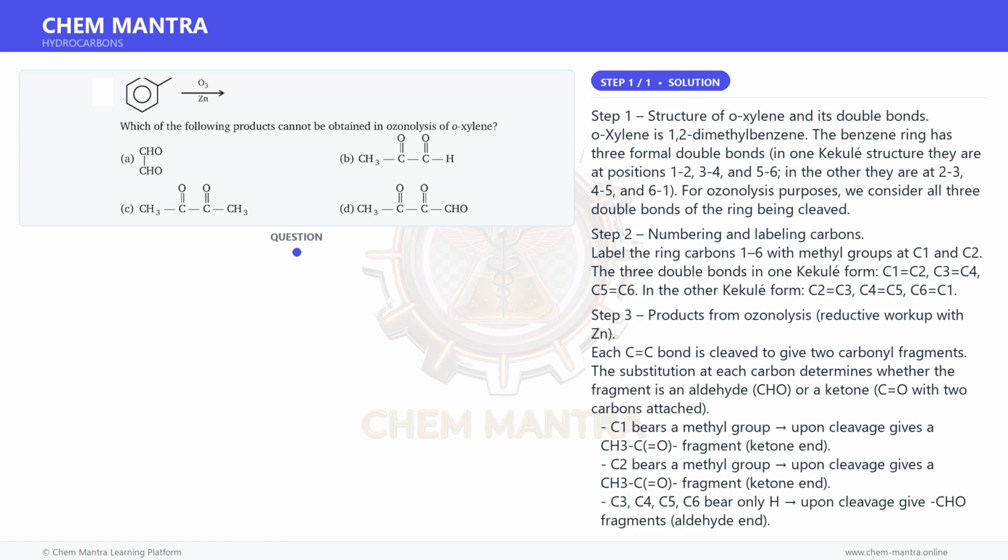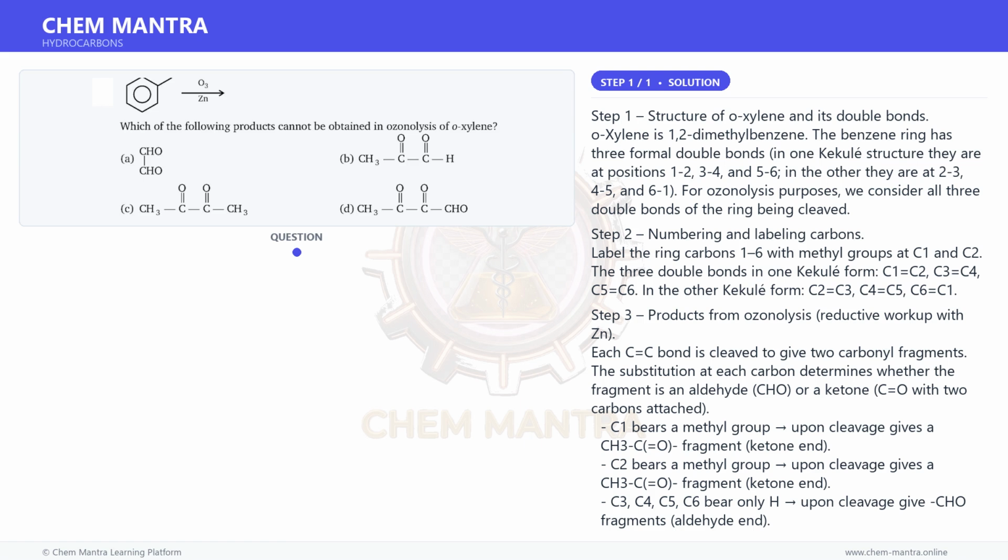Tracing the ring: C1 CH3, C2 CH3, C3 H, C4 H, C5 H, C6 H. For the fragment CH3CO-CO-CHO, we would need a C bearing CH3 adjacent to a C bearing CH3 adjacent to a C bearing H cleaved in a specific way, but since C1 and C2 are both methyl bearing, the C1, C2 cleavage gives CH3-CH3, not CH3-CHO.